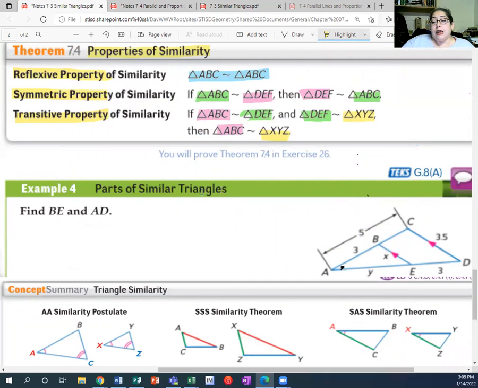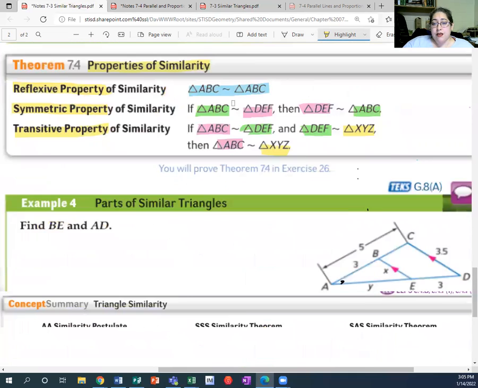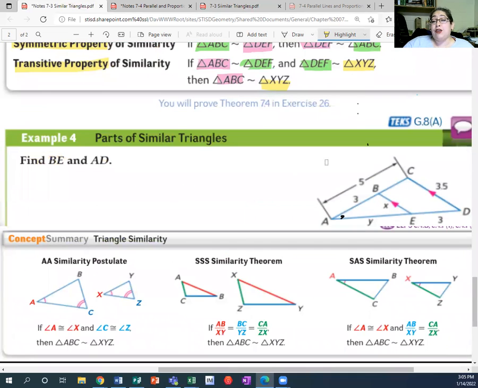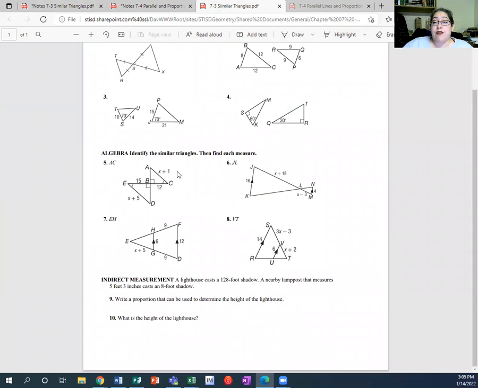Now, we noticed here that we had some similarity pieces happening. Did you notice? We can use that with some algebra, and really that's the only way I have of making this more difficult, is to throw some algebra at you. If we look at our skill practice, I do that here on questions 5 through 8.